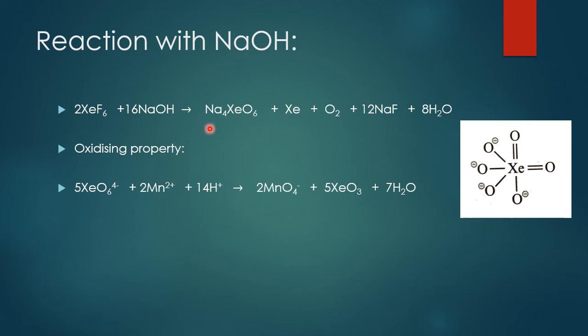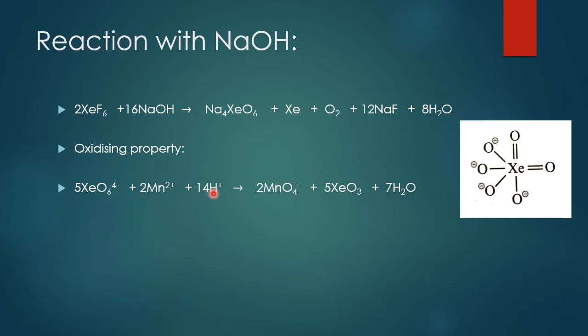Likewise, this perxenate can also be a very good oxidizing agent, with the ionic formula XeO6 4-. An oxidizing agent is something which undergoes reduction. Reduction means removal of oxygen. So here XeO6 gets converted into XeO3. How many oxygens are released? 3 oxygens are released.